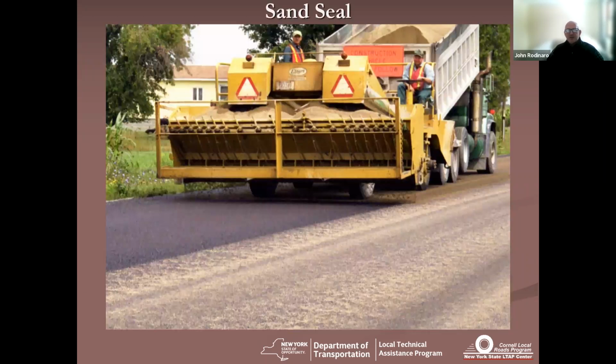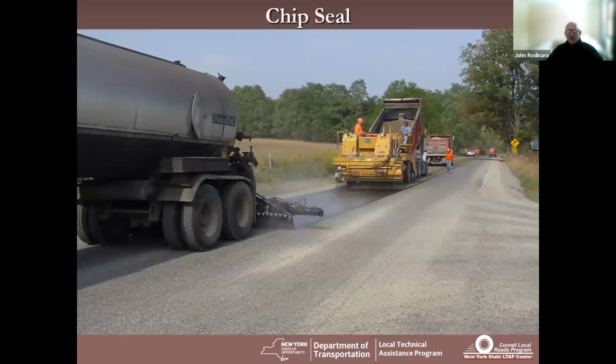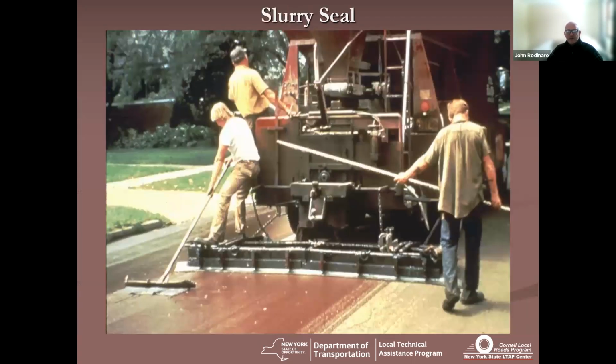And so just a quick look at these. Here's a sand seal. Just notice the nice brown color of the emulsion in front of the spreader. Here's a chip seal. Notice the nice chocolate brown color in front of the spreader, but also notice that the chip aggregate spreader is tied up to the liquid distributor.